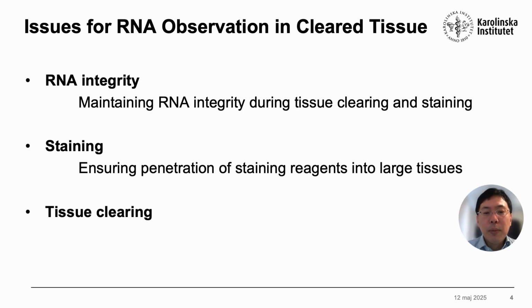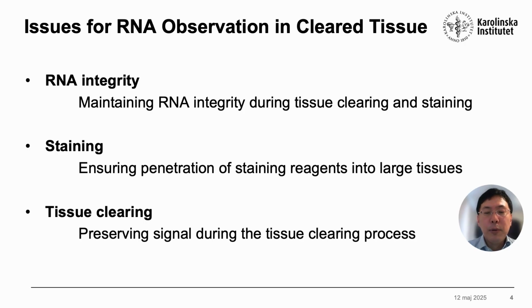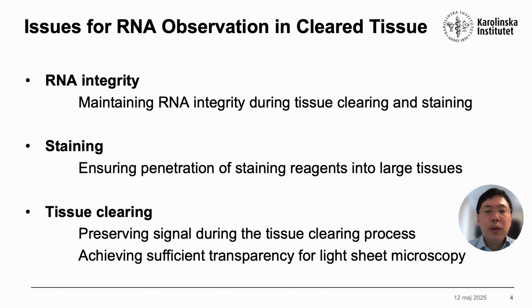RNA detection must be compatible with tissue clearing protocols, and the signal needs to be preserved in the cleared tissue. Additionally, the tissue must be sufficiently transparent for light sheet microscopy. We addressed all these challenges by developing a reliable method called TRISCO, which enables RNA staining in whole tissue, including large ones, such as adult mouse brain.